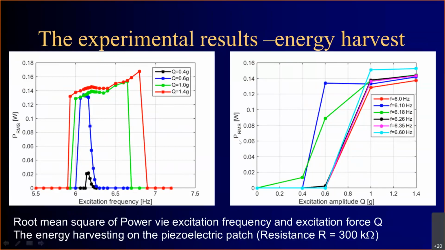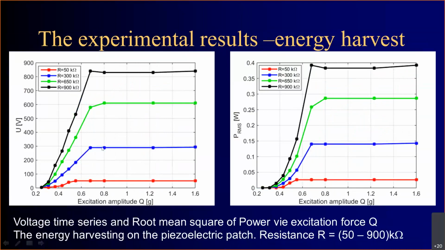The same root mean square of power is given for how it behaves while the excitation amplitude is increasing. But from my point of view, the most interesting results are given on the left-hand side of this plot. There are given, for different values of resistances, the voltage time series, root mean square, and power versus excitation force.